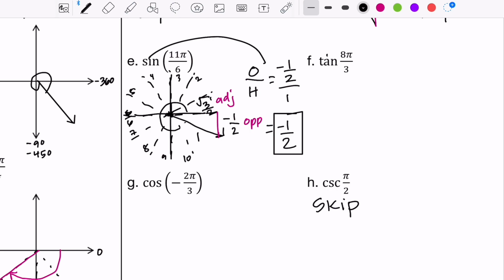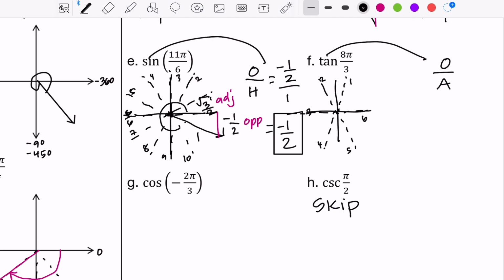For the next one, tangent is opposite over adjacent, and it's 8 pi over 3. So 1, 2, 3, 4, 5, 6, 7, 8. So we're going to go around the circle and come back to this. And then we're going to connect it to the x-axis.